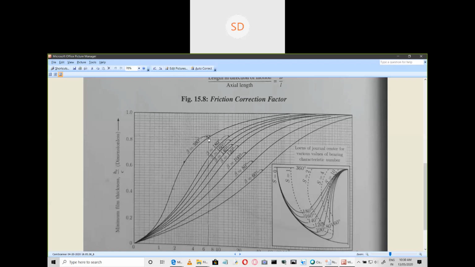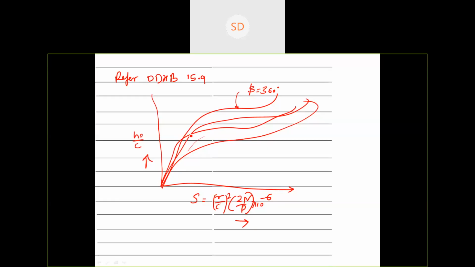You are going to get an intersection point over this curve. Now take the value of h naught by c here. I think you're going to get 0.859, 0.82 or 0.84.